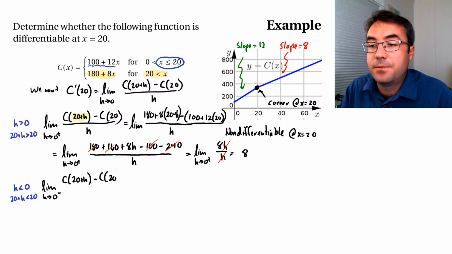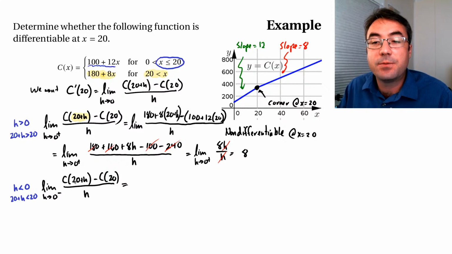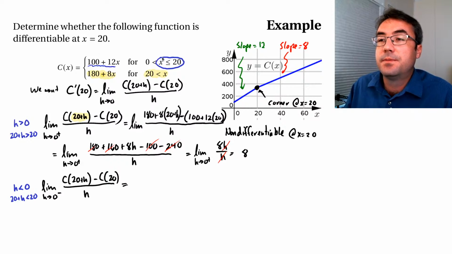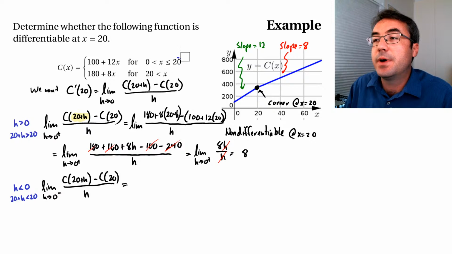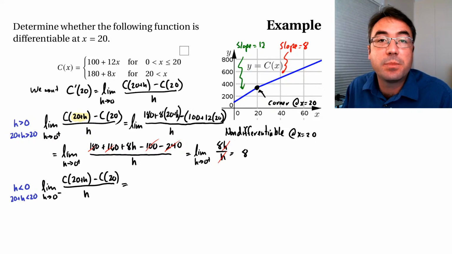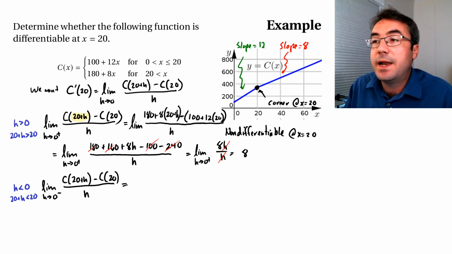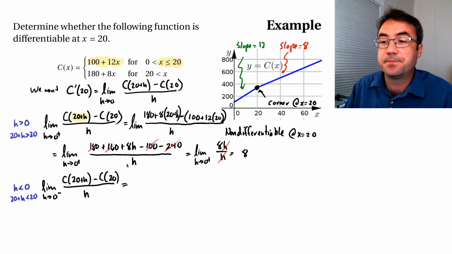We fill in our regular derivative expression there. Now, 20 plus h is less than 20, so we go back up to our piecewise function to see which piece we plug that into. When x is less than 20, we're in this first piece here, so we're going to be plugging into that.